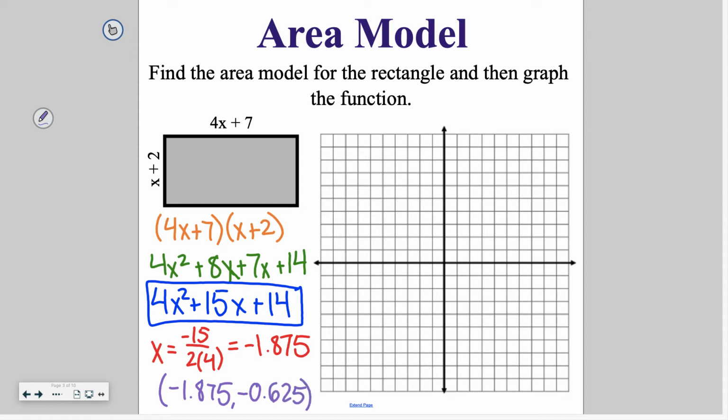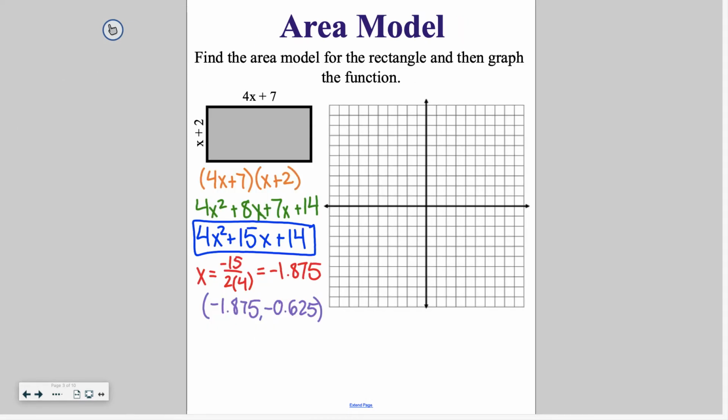So that's going to be our vertex point. We also need to pick out the y-intercept from our equation. So we're going to pick that out, and that's going to be at 0, 14. So now we're going to go ahead and graph.